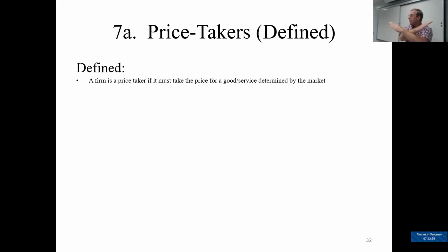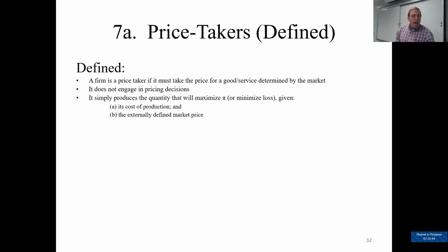It's take it or leave it, which means that the price taker does not engage in pricing decisions. The price taker is simply going to look at its own internal cost of production and the externally defined market price. It cannot engage in pricing policy. It has to take the price that's defined by the market.